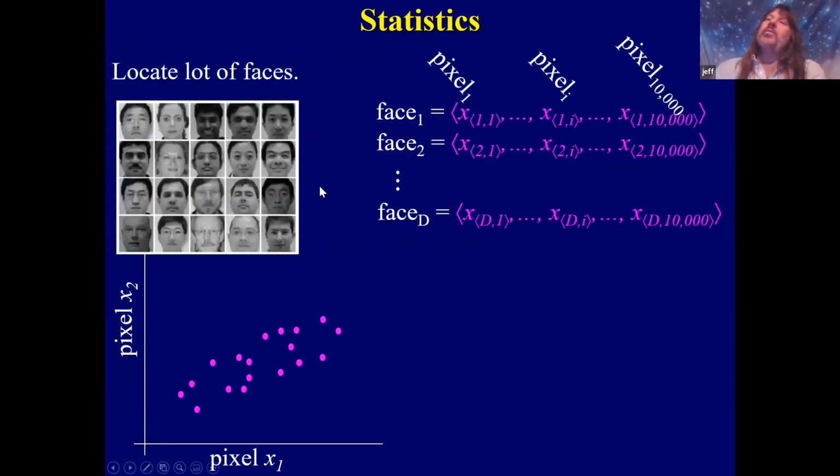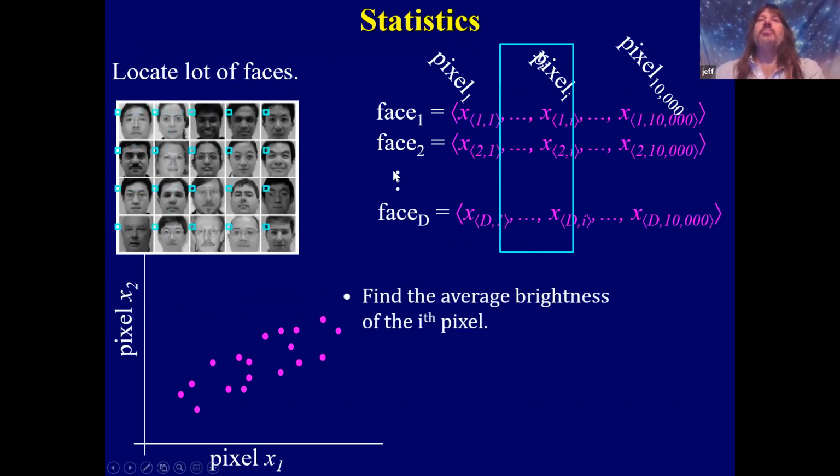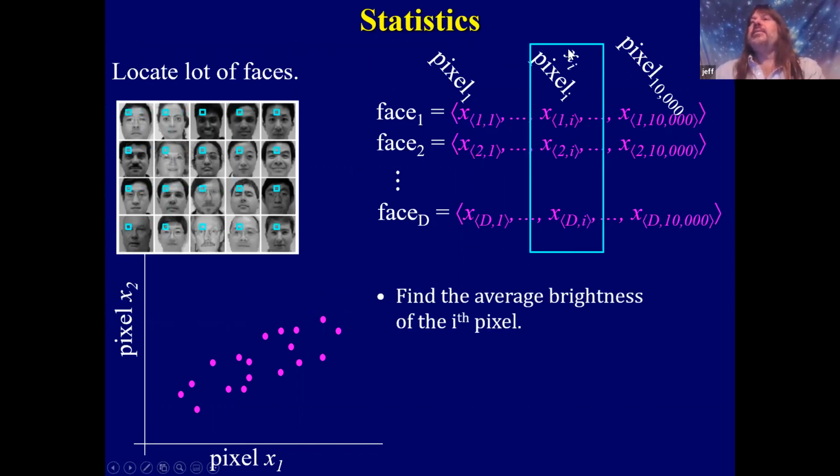So remember where we're starting. We're starting with lots of faces, and we're gonna form a big matrix of numbers. Each row corresponds to one of the faces, and each column corresponds to a particular pixel. Here, xi is the ith pixel, and we can ask, what's the average brightness of the ith pixel?